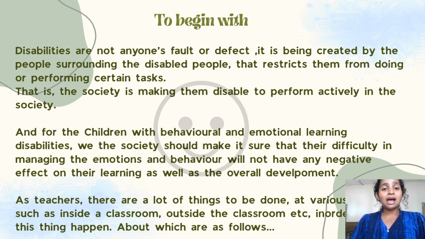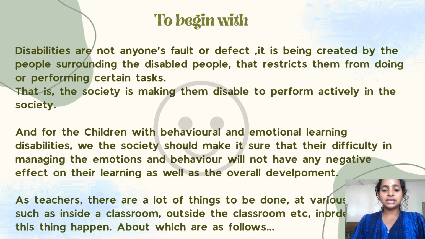And it is a duty of our society to make sure that the children, due to their difficulty in managing their emotions and behavior, will not face any difficulty in their learning process as well as for the overall development.